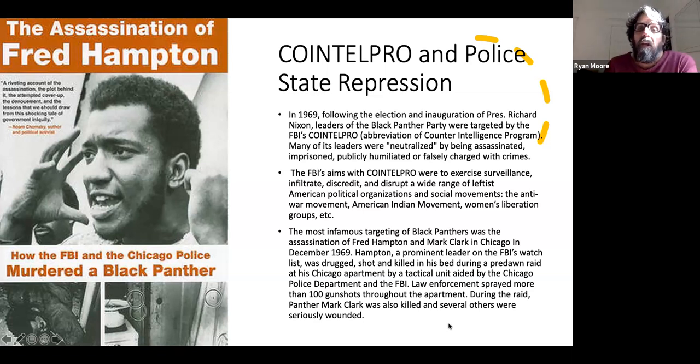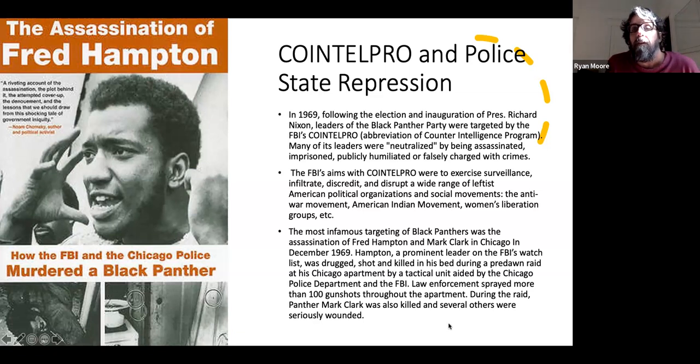So the FBI's aims with COINTELPRO were to exercise surveillance, to infiltrate, to discredit, and to disrupt a wide range of leftist American political organizations and social movements.